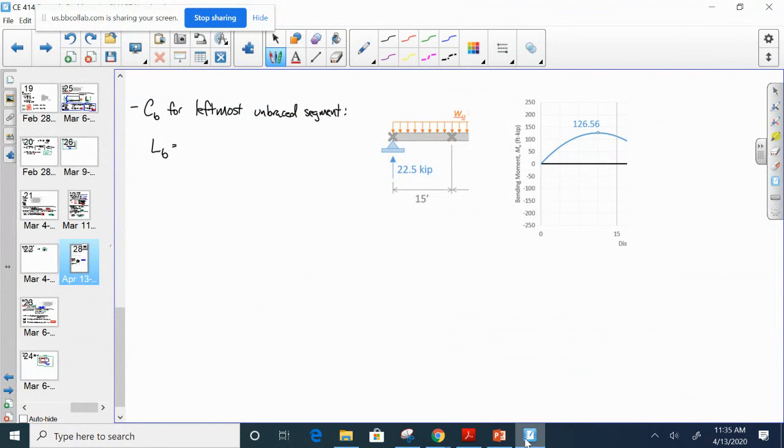I just want to know what's the unbraced length for that segment, the distance between the braces.